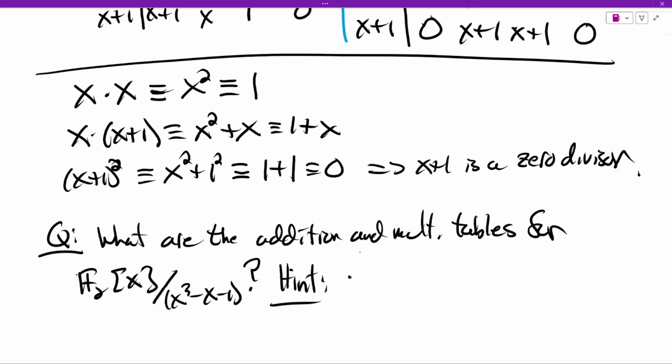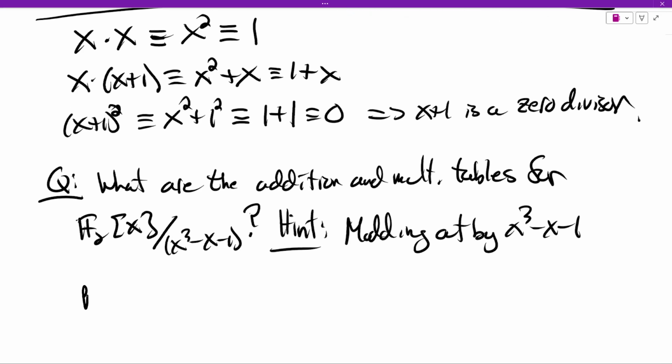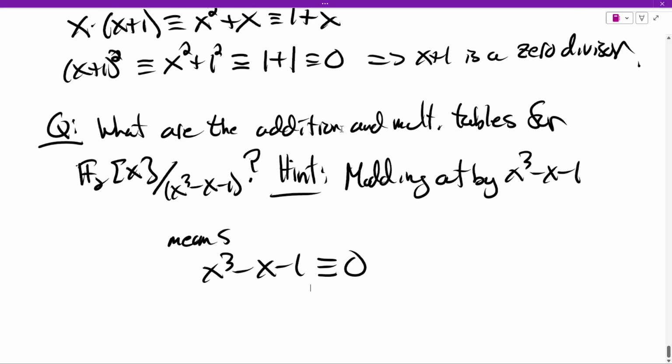one way in which we think about this is when we mod out by x cubed minus x minus 1, it kind of means that x cubed minus x minus 1 is now 0. But it doesn't really mean that. It means that it's congruent to 0. And so what that tells you then is that x cubed is congruent to x plus 1.